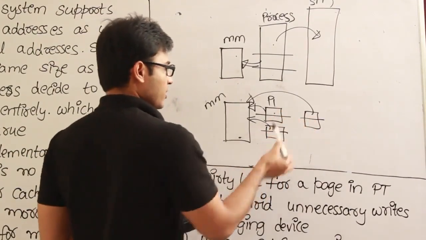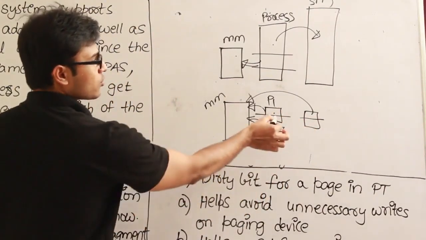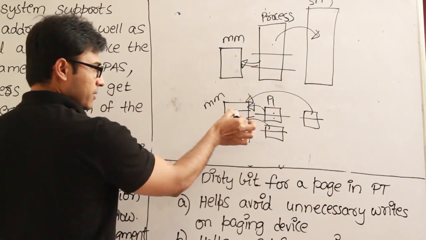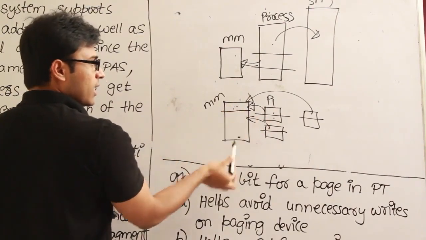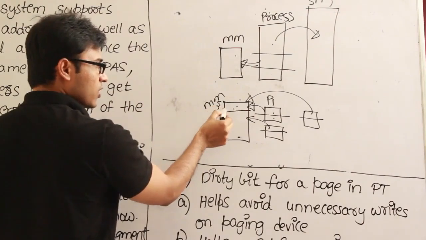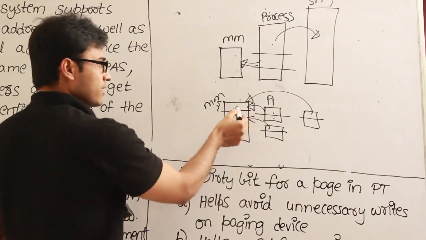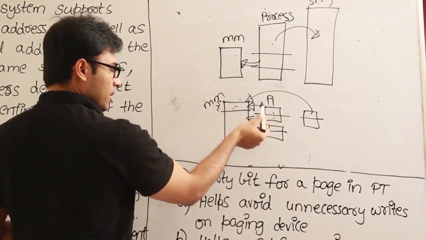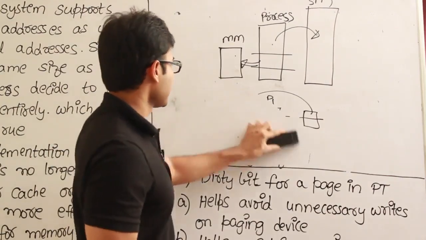Now let us say there is a process here, and the process is having two pages, and one of the pages is loaded in one of the frames here.